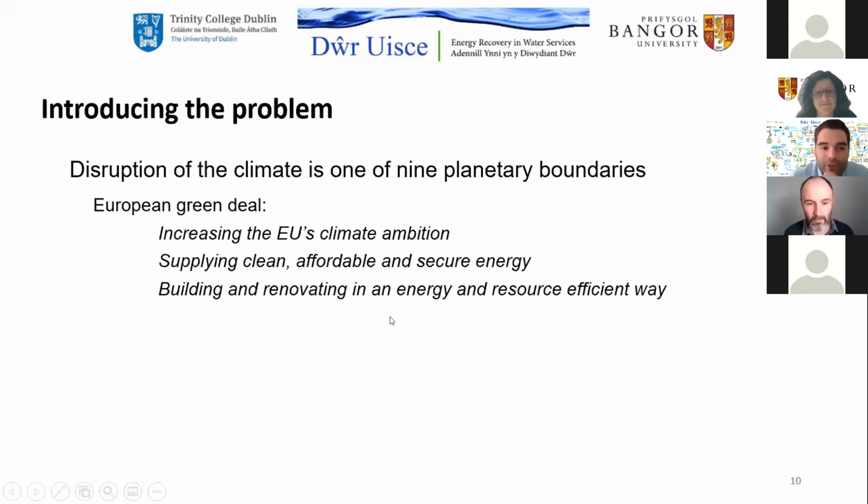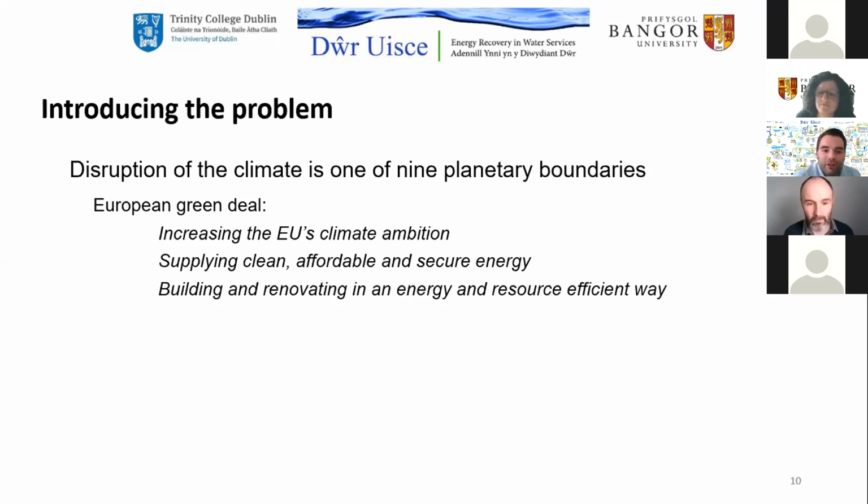So I'm sure that I don't have to introduce the urgency and the problem of the disruption of the climate to anyone anymore. So climate disruption is one of the 9 planetary boundaries, and so there are increasing climate ambitions in the EU, but also now separately in the UK.